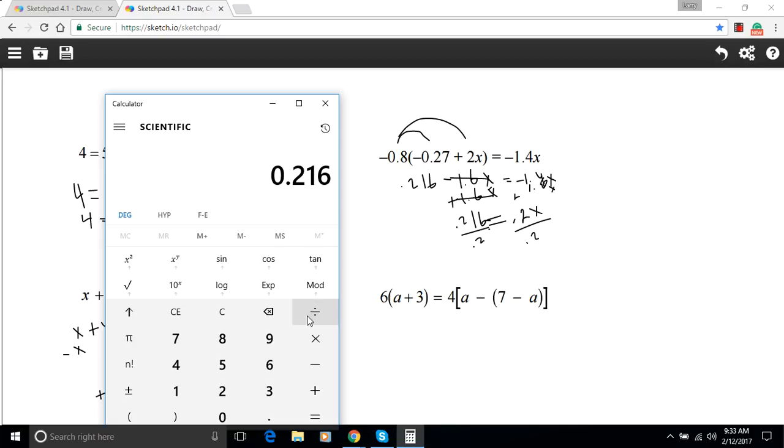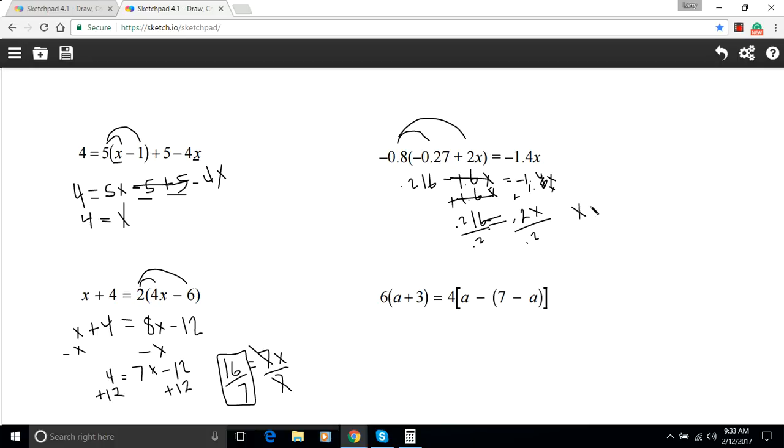It's like you're dividing by a fraction. So divided by 0.2, and that's 1.08, so x equals 1.08.